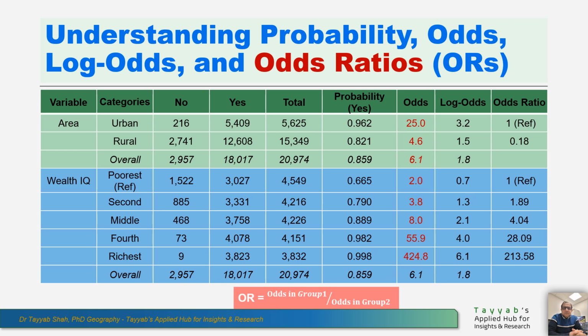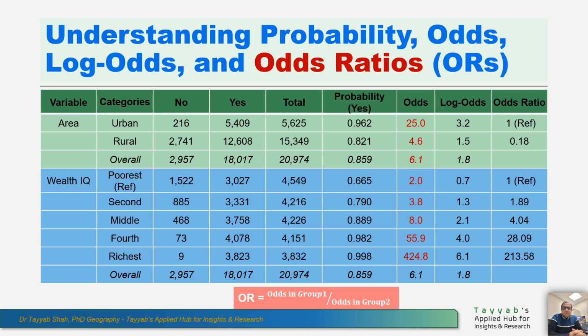Now we have these two groups, urban and rural. So we will divide 4.6 by 25, and we will get 0.18. So when we compare 1 versus 0.18, this will be the comparison we see. Rural households are less likely to have access to improved water sources as compared to urban, because the rural odds ratio is less than 1.